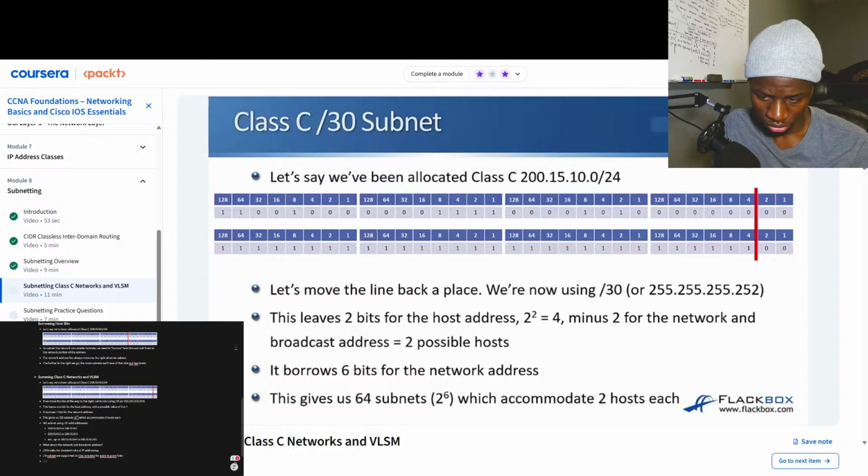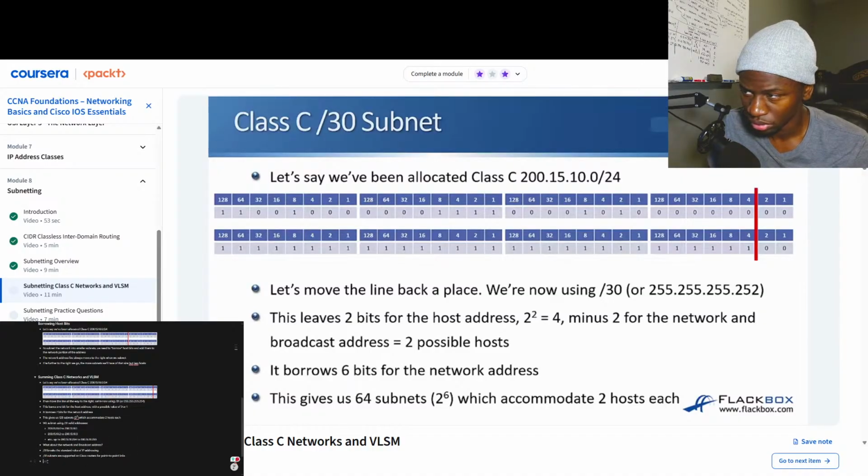Okay, next up, moving on, we're going to move the line back a space. We're going to create a /30 now. The subnet mask in dotted decimal, 255.255.255.252, that and /30, they both mean the same thing.